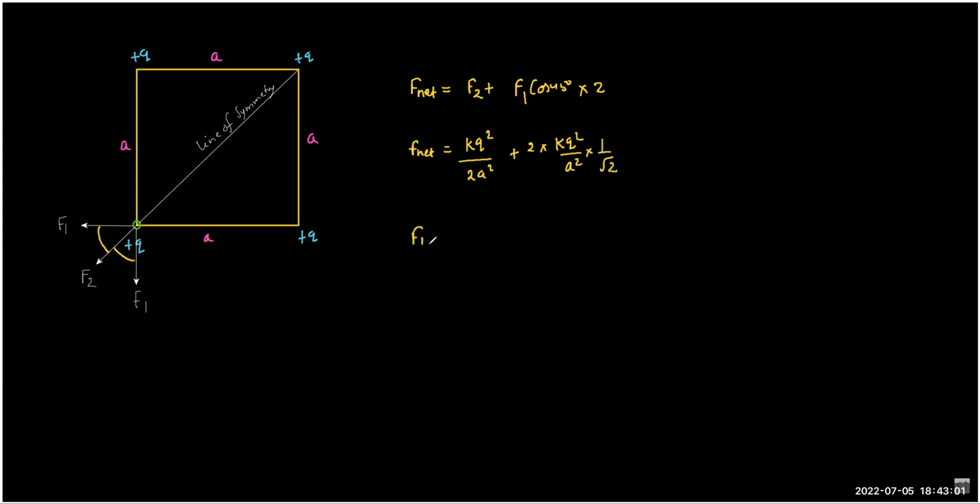So the net force turns out to be KQ square by 2a square times (2 root 2 plus 1), that is, 1 by 2 plus root 2. Okay, so that's the answer.